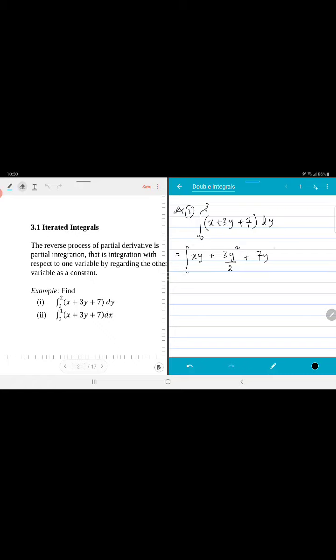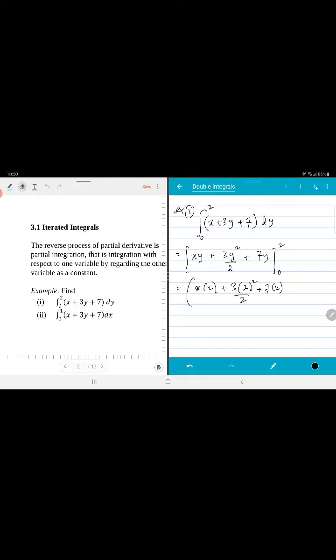The next step is to replace y with upper and lower limits. Remember, upper limit minus the lower limit. 0 and 2 are the limits for y. So now we replace y with 2. So we have x times 2 plus 3 times 2 squared over 2 plus 7 times 2.